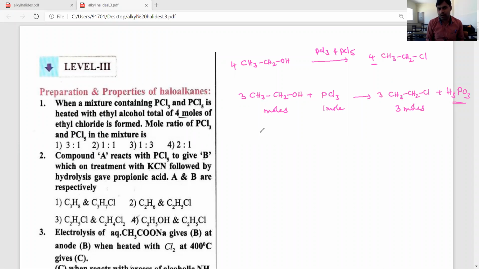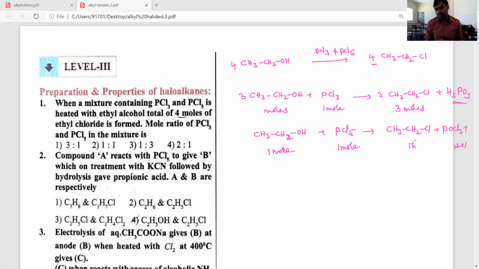Now, how many moles of ethyl alcohol are left? 1 mole. Then CH3CH2OH, ethyl alcohol, reacts with 1 mole of PCl5. The products are 1 mole of CH3CH2Cl, ethyl chloride, plus POCl3 plus HCl.